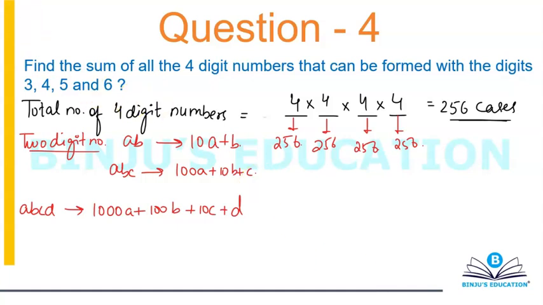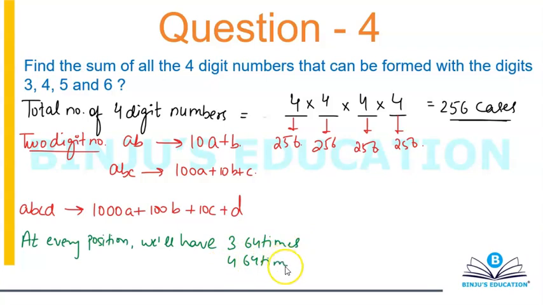So what will happen is that at every position we'll have 3, 4, 5 and 6 each 64 times.